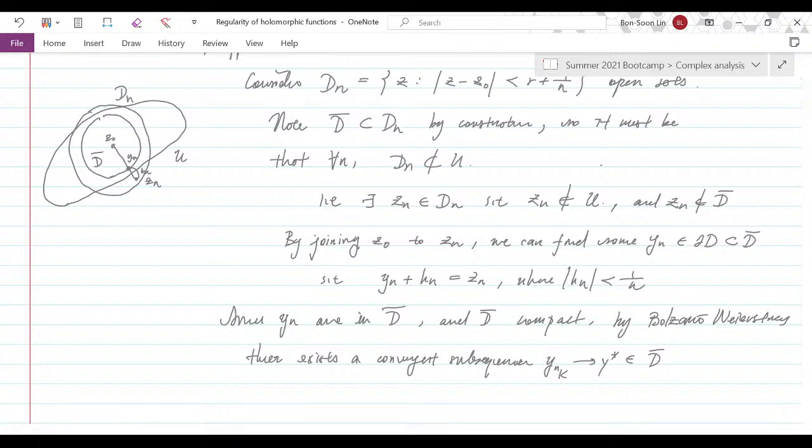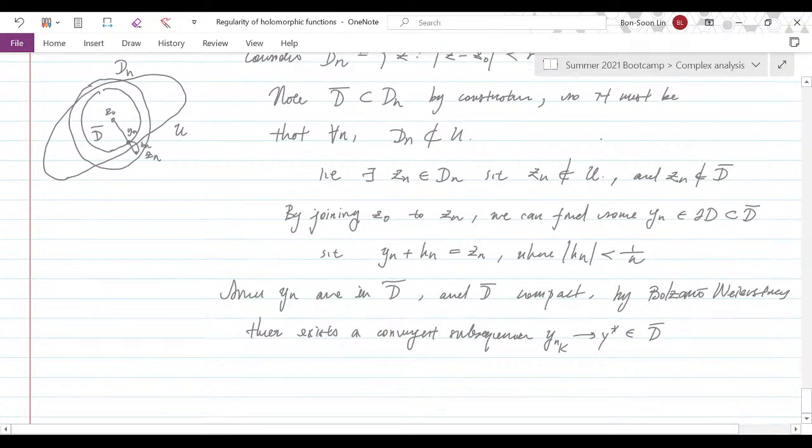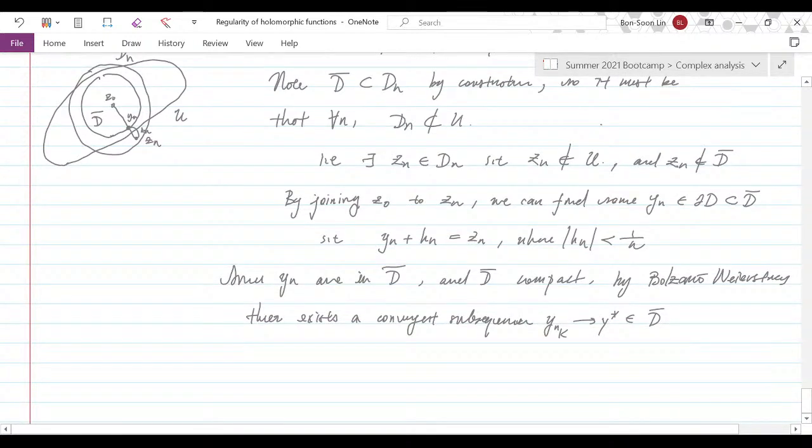Okay, so what? Well, then we can correspondingly look at zn. So note the corresponding znk minus ynk is equal to hnk, this goes to 0.